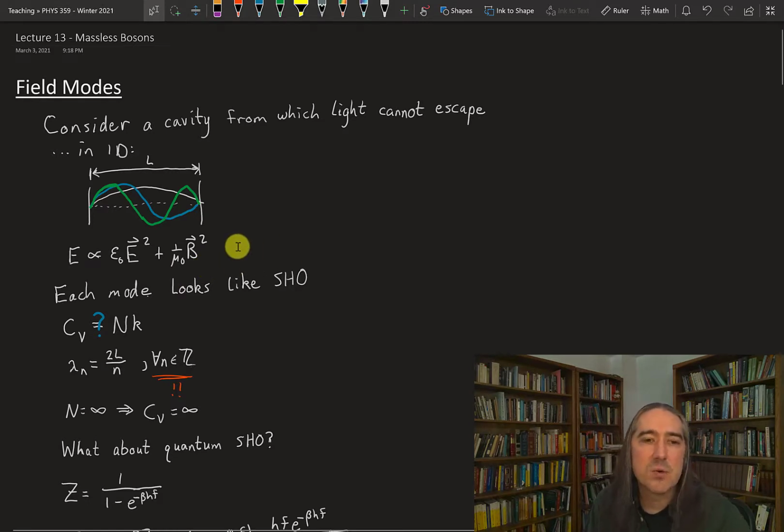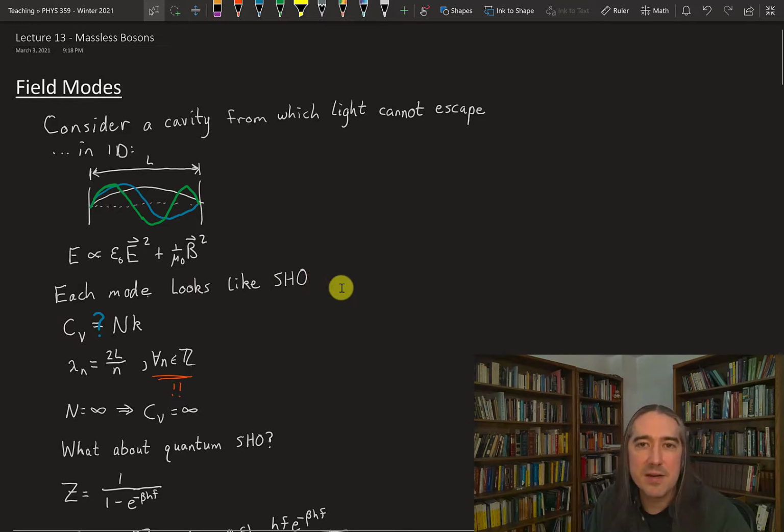So we've got something whose energy is the sum of the squares of two different things, call them p squared and x squared. Mathematically, it looks the same as a harmonic oscillator. Each mode looks like a simple harmonic oscillator.